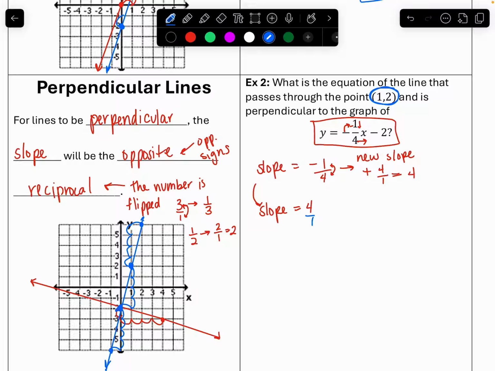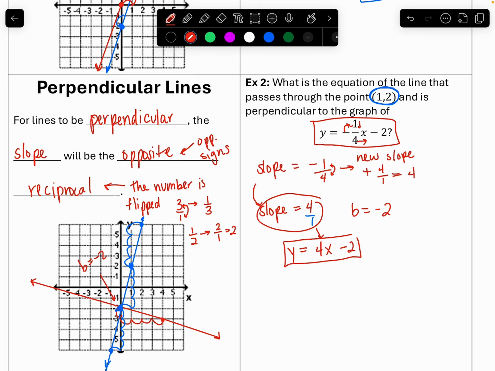Now look, you have your b equals -2, and we know the slope is 4 over 1. So now you write your y equals mx plus b. Y equals m, which is 4x, minus 2 for your b.